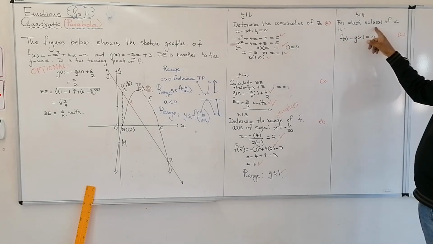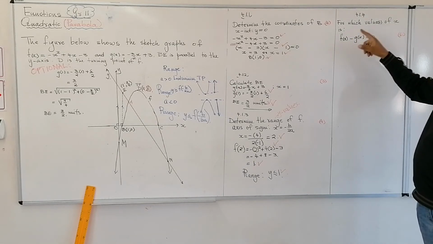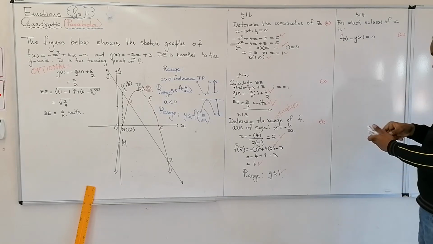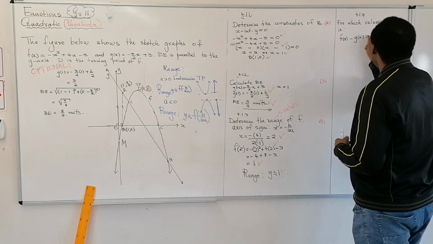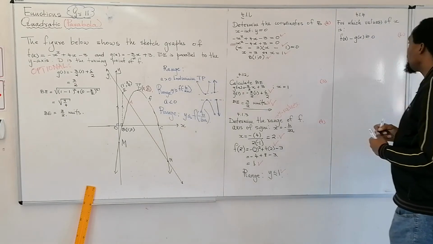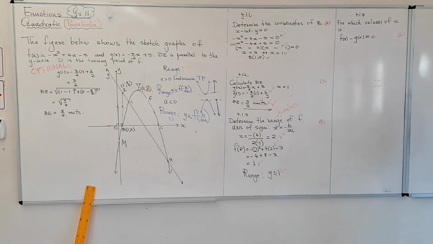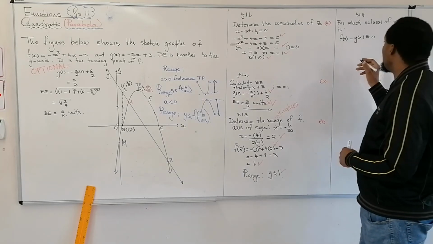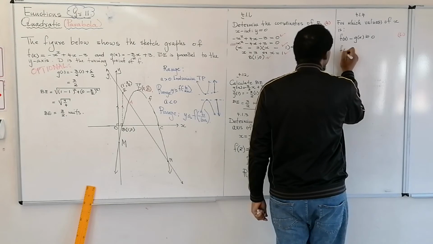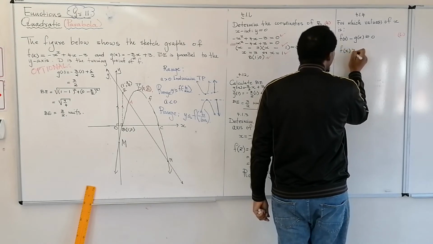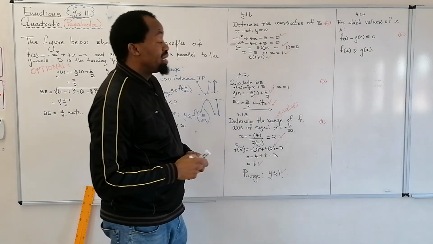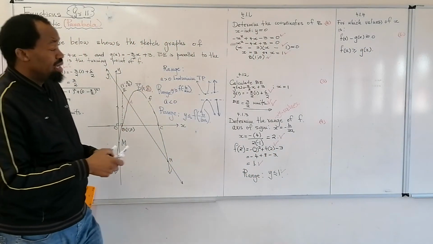For which value or values of x is the graph of f minus the graph of g, let's say, bigger or equal to 0? Now, in a question like this, what I normally do, I take this g to that side so that I can just go to my graph and give the answer.